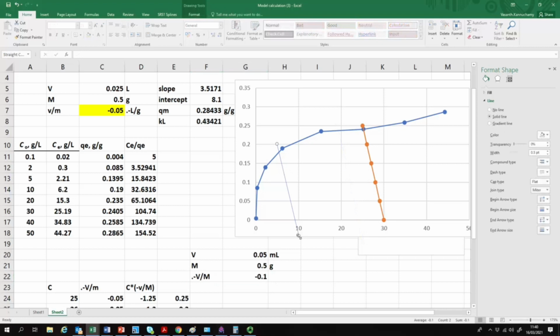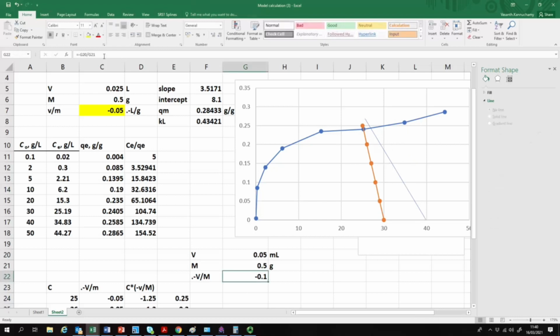We have to draw some operating line. I said we started the experiment from 40 grams per liter. So we have to draw some operating line, and this time the slope should be equal to minus 0.1 instead of minus 0.05. We have to draw the line starting from this point, 40 grams per liter, and the slope should be equal to minus 0.1.